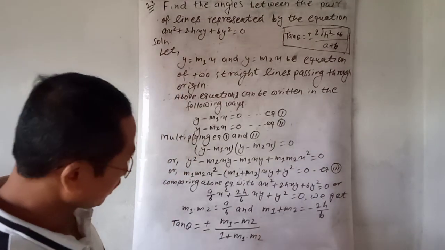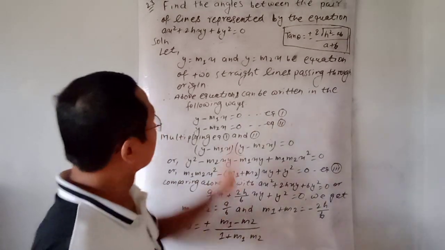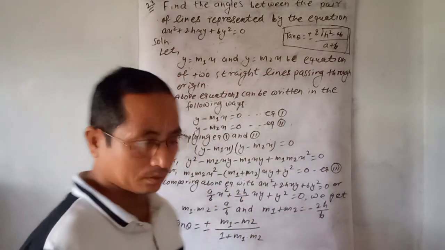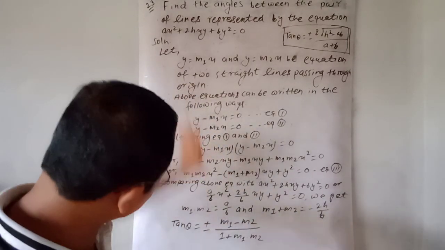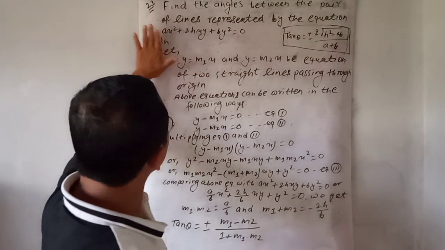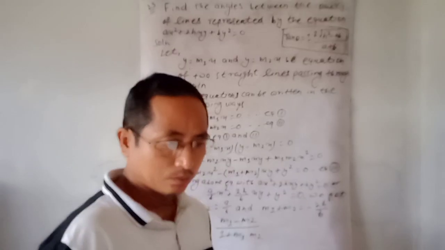So this can be solved in this way. Look here, due to the less capacity of this board, the whole solution does not fit on this board. That's why I am going to clean the upper part.